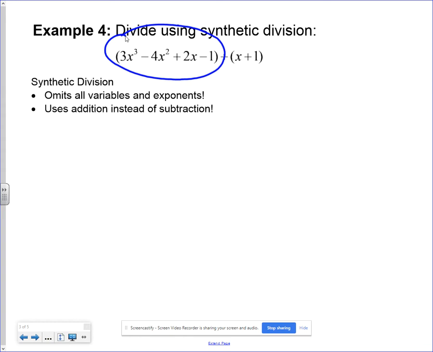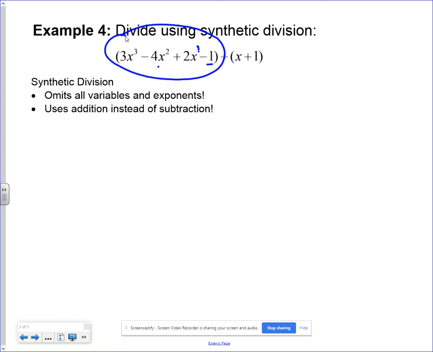So I've got to make sure I have all the exponents that come after 3. So what's after 3? 2. I've got it right here. And then I have an exponent of 1. Got it. And then this -1, the exponent on that variable will be 0. Okay, x to the 0 power is 1. So I've got all the exponents, so I don't have to put any placeholder values.